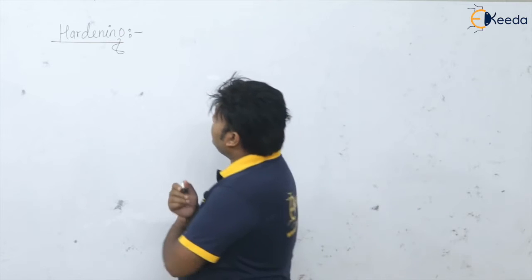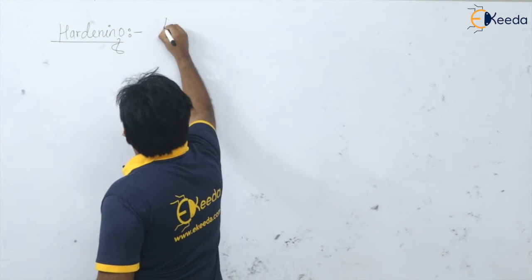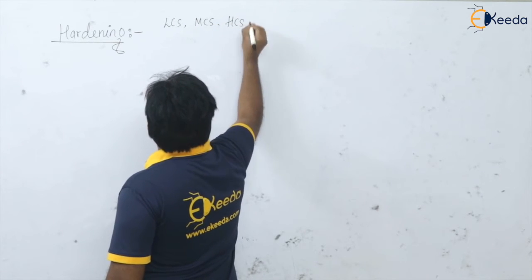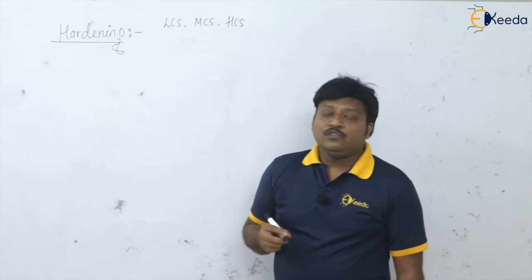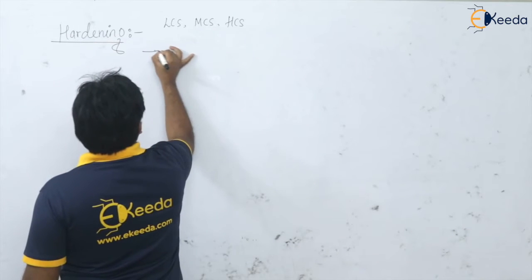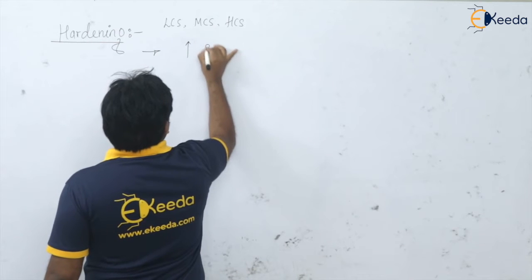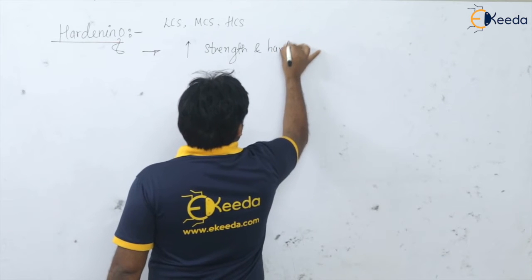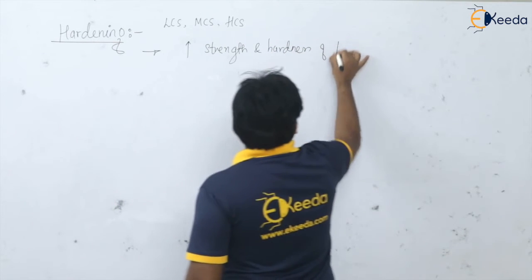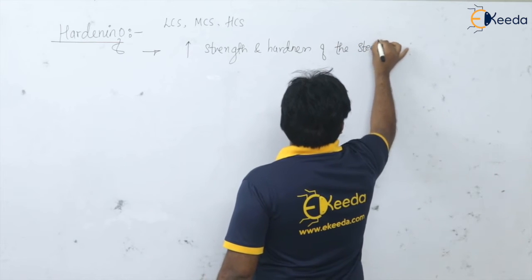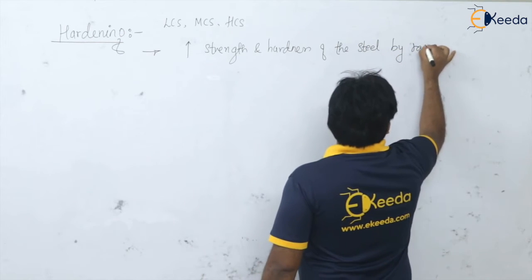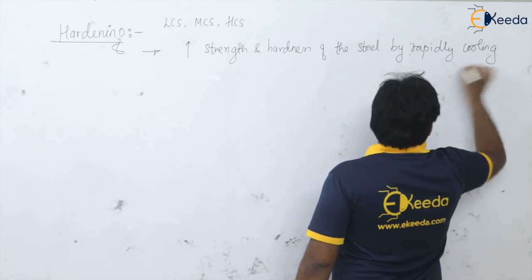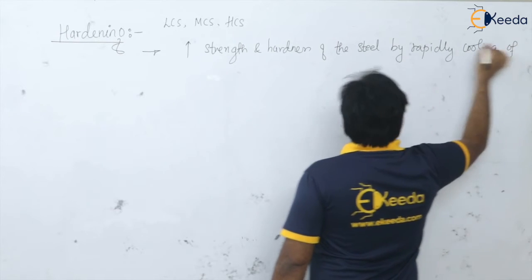Hardening is applicable for all these steels, low carbon steels, medium carbon steels, and also for high carbon steel. Basically the hardening process is used to increase the strength and hardness of the steel specimen by rapidly cooling the object.